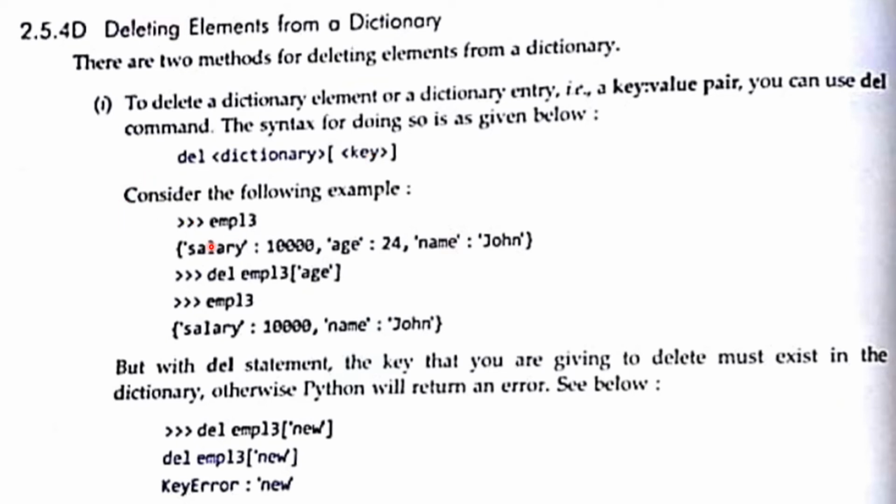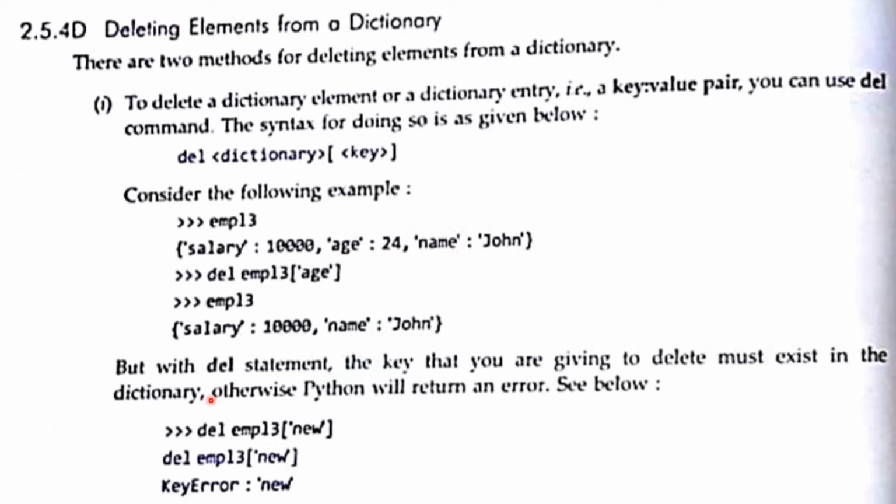So in this example, employee13 is the dictionary name and the keys are salary, age and name, and you want to delete from employee13, name of the dictionary, and age is the key here. So if you delete key age, then it will delete the age 24, that key and value both, and it will show only salary and name.